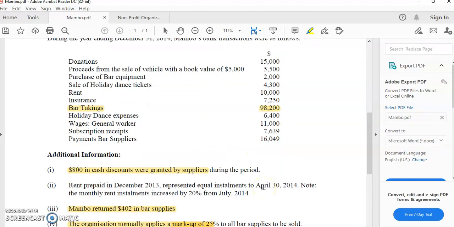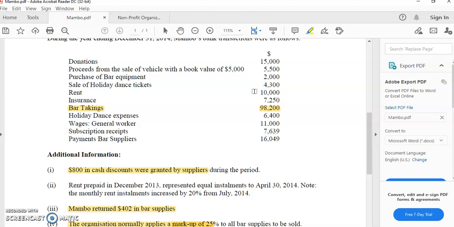So we need to find out how much rent is paid per month. And this rent here of $10,000 was paid during the year. So we need to make an adjustment to that $10,000 to find out exactly how much to include in the income and expenditure account for this year of 2014.